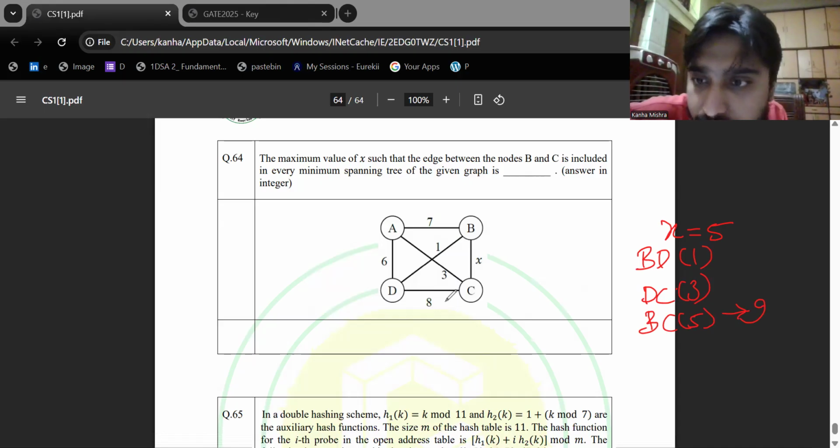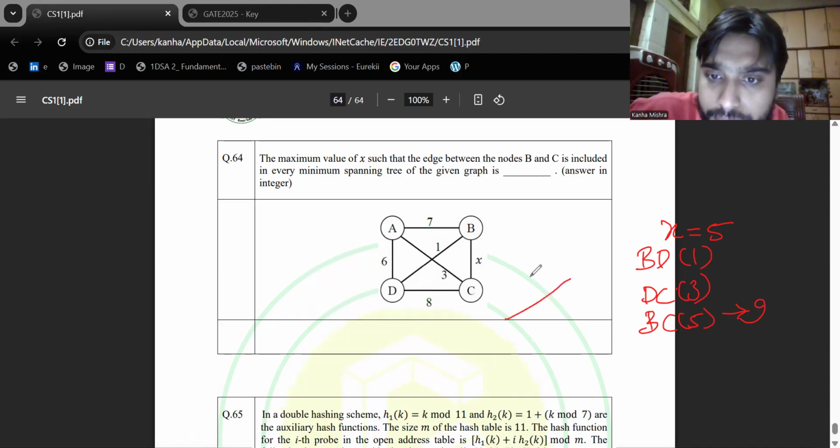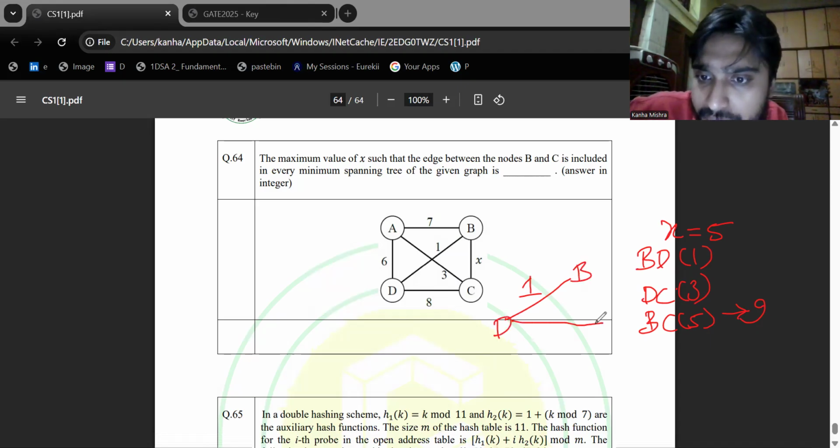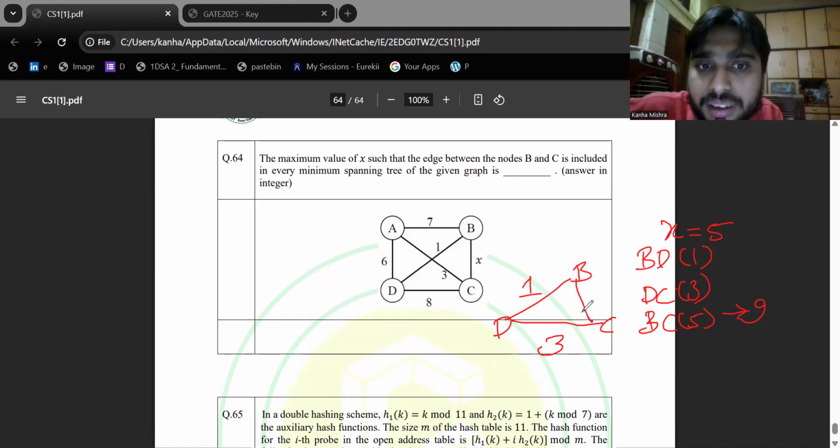So let's see what I'm saying. BD with value 1, DC with value 3, and BC with value 5. But here comes the problem.